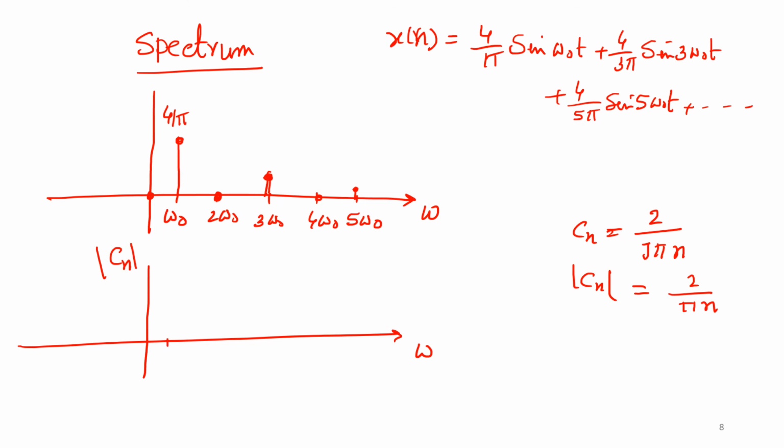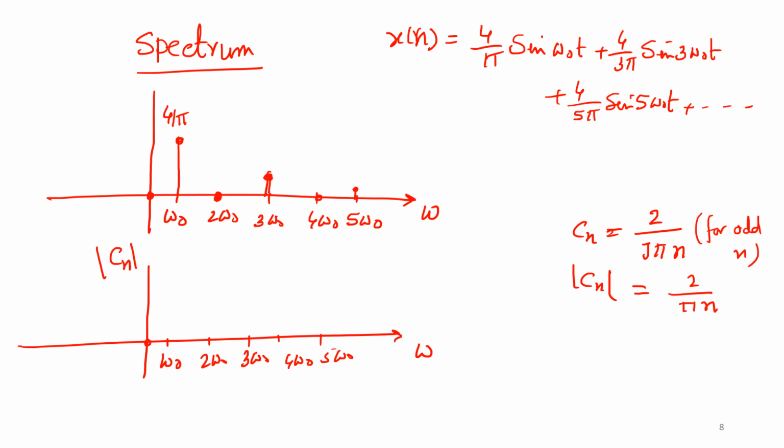when n equals 1, 1 means omega naught, 2 means 2 omega naught, 3 omega naught, 4 omega naught, 5 omega naught. And again remember, this is for odd n. And for even n it is 0. Okay, so n equals 0, it is 0.